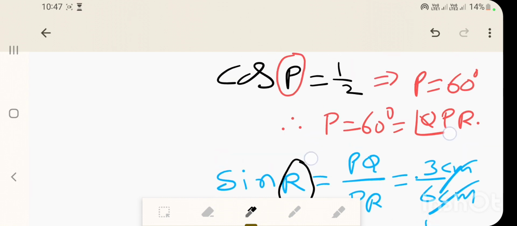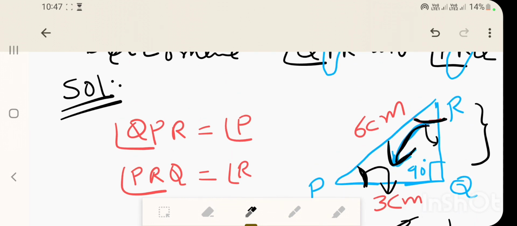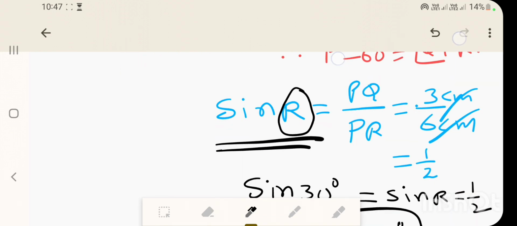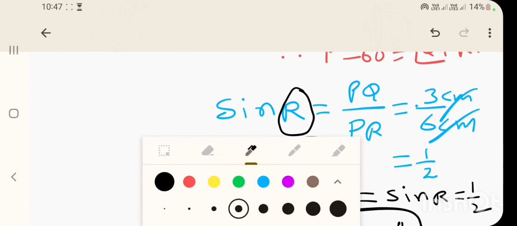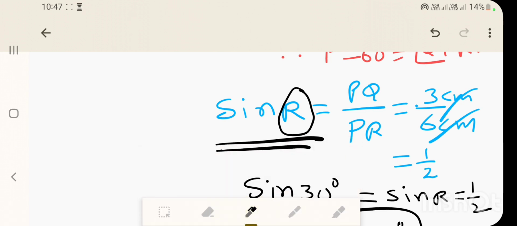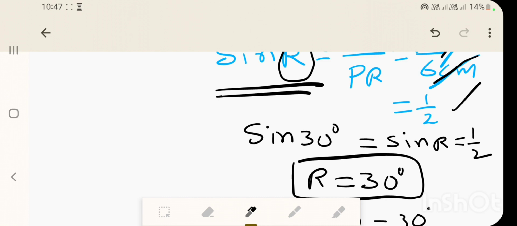PQ, opposite to angle R, is 3 centimeters and PR is 6 centimeters. Taking the ratio, the centimeters cancel and we get 3 by 6, which is equal to 1 by 2.